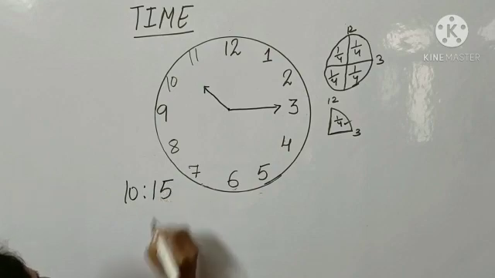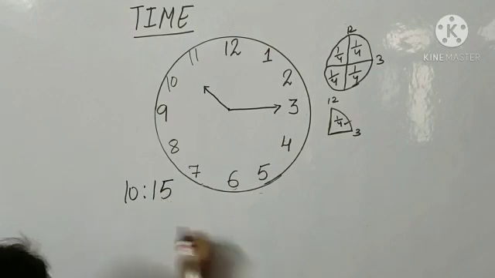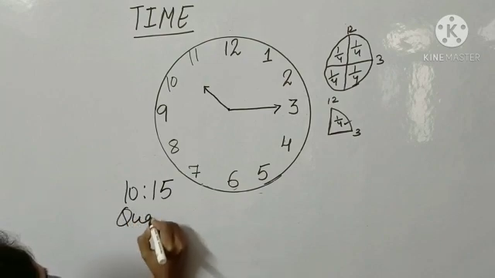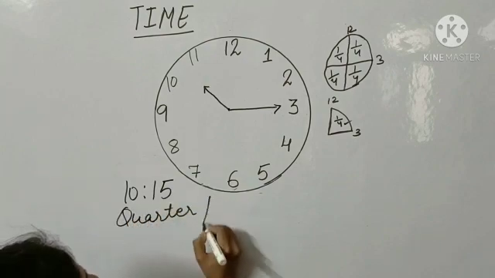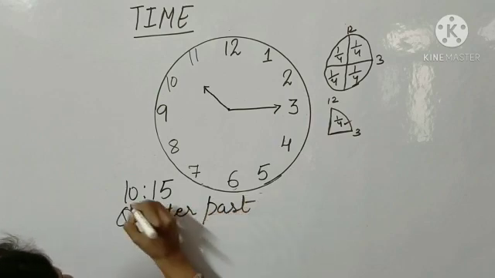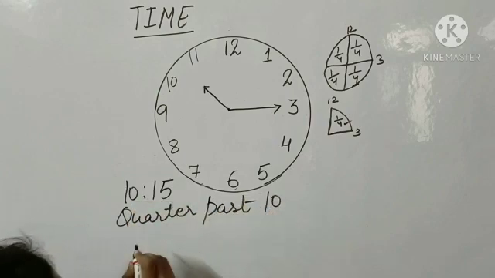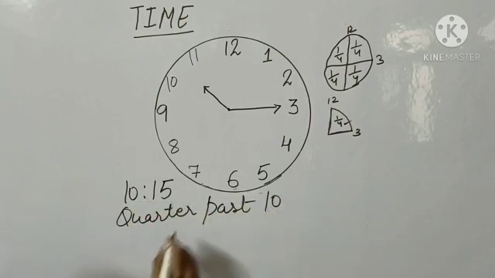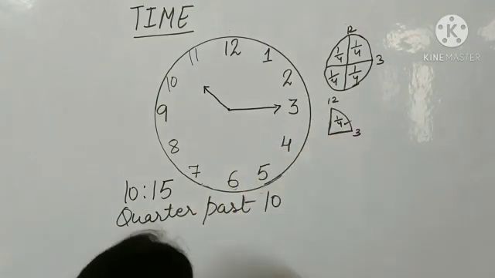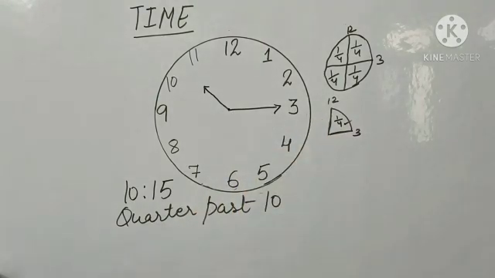So time is 10:15. Again the same time I can write in a different way as quarter past 10. This word quarter itself is telling us that the minute hand is at 3. I hope it is clear to you.